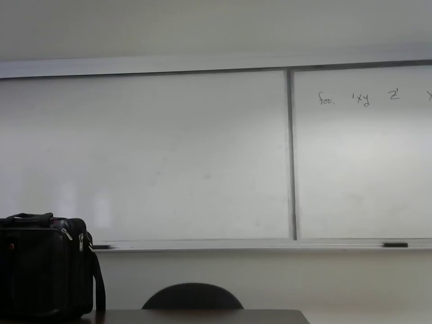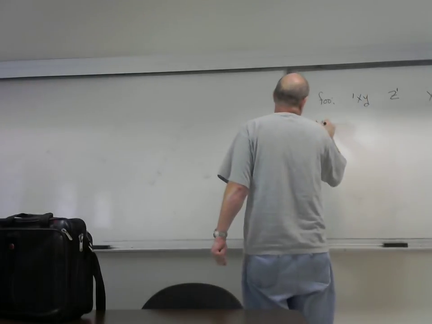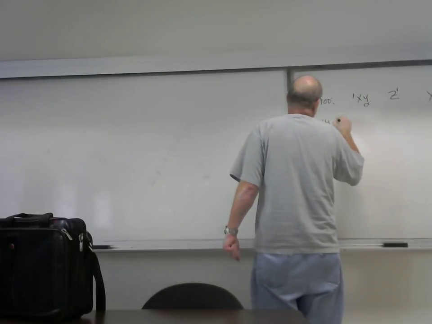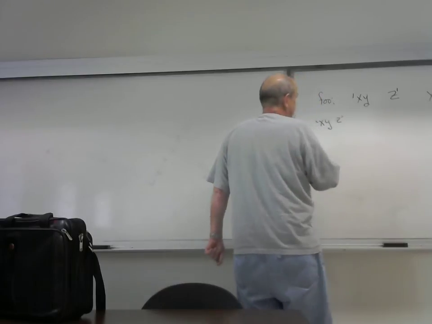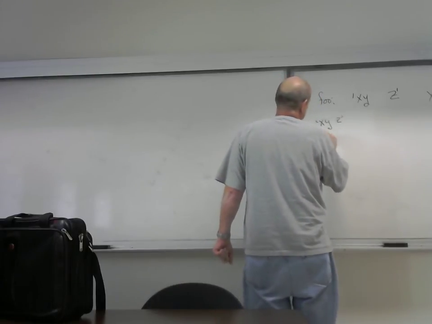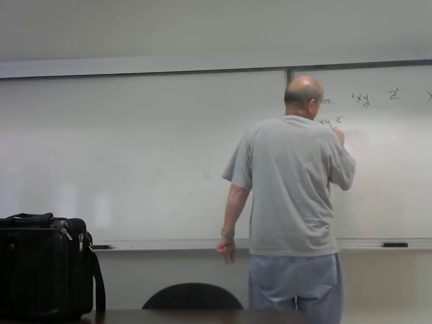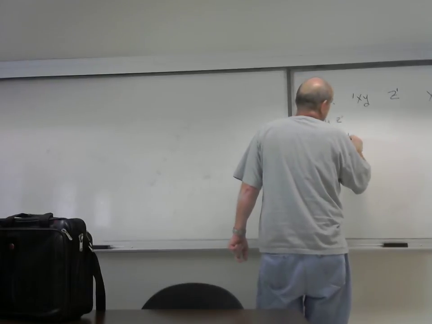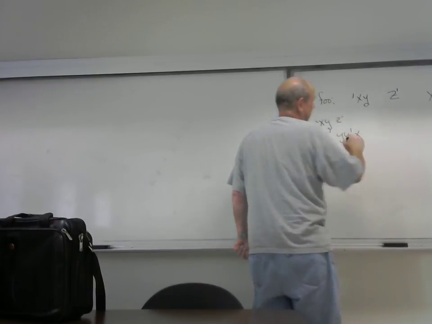So you have to parse this into tokens. So token 1 is x, y, z. Token 2 is x, comma, or comment, y, x. That's one token.